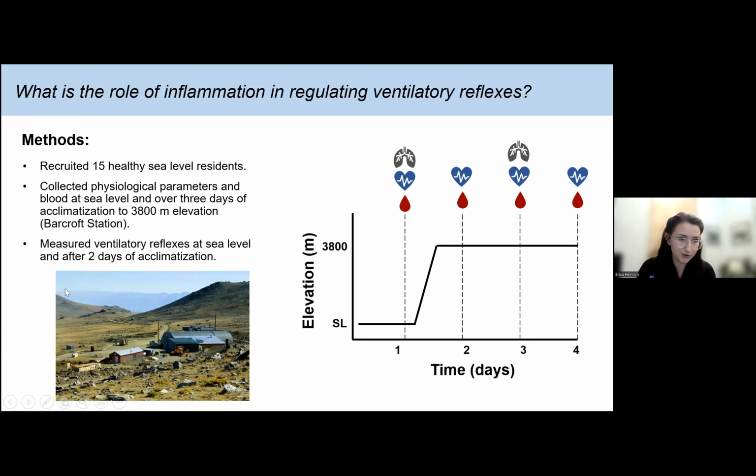And maybe some of you in the audience may be familiar, this is Barcroft Station. It's up in the Eastern Sierras, and it's part of the UC Natural Reserve System. So we get to stay in these luxury accommodations for several days. And we also measured ventilatory reflexes at sea level and after 2 days of acclimatization.